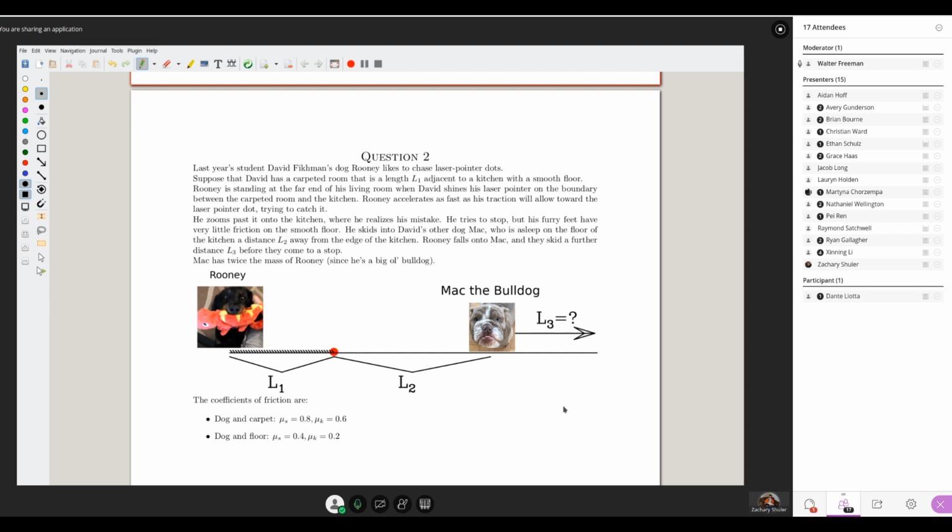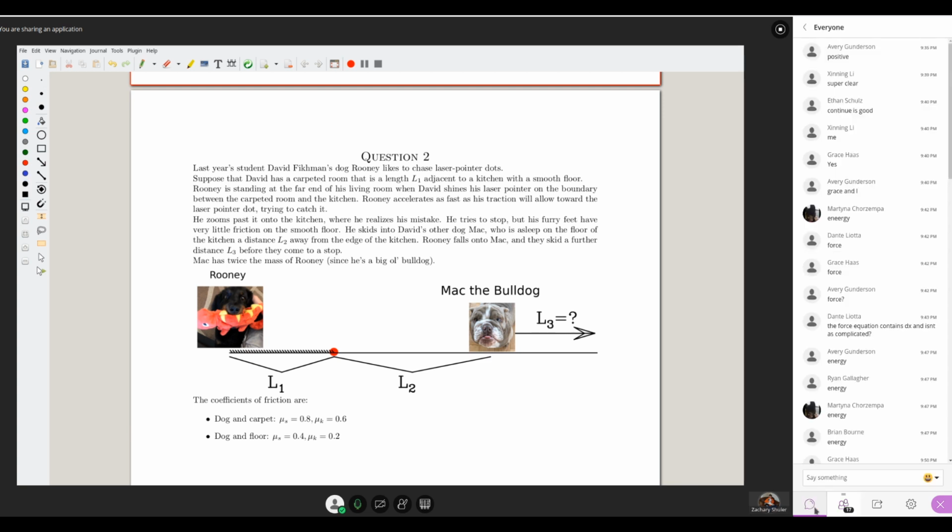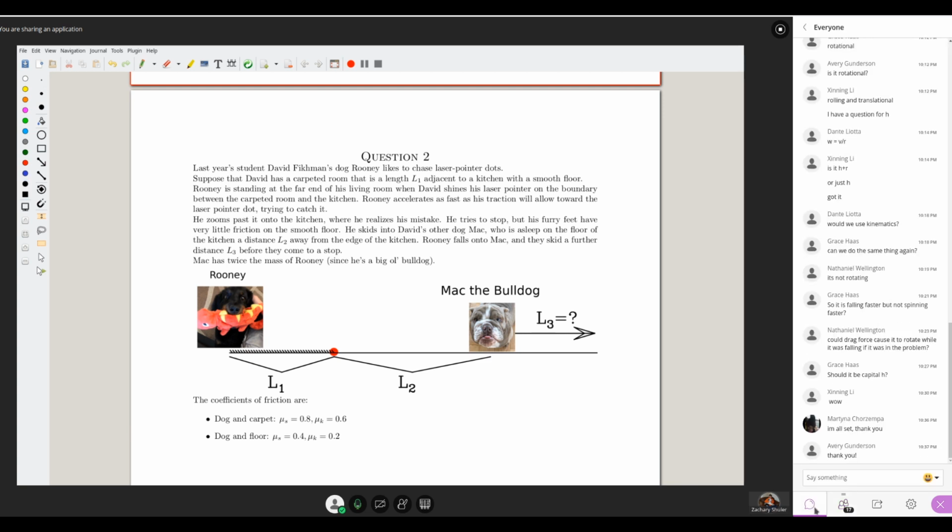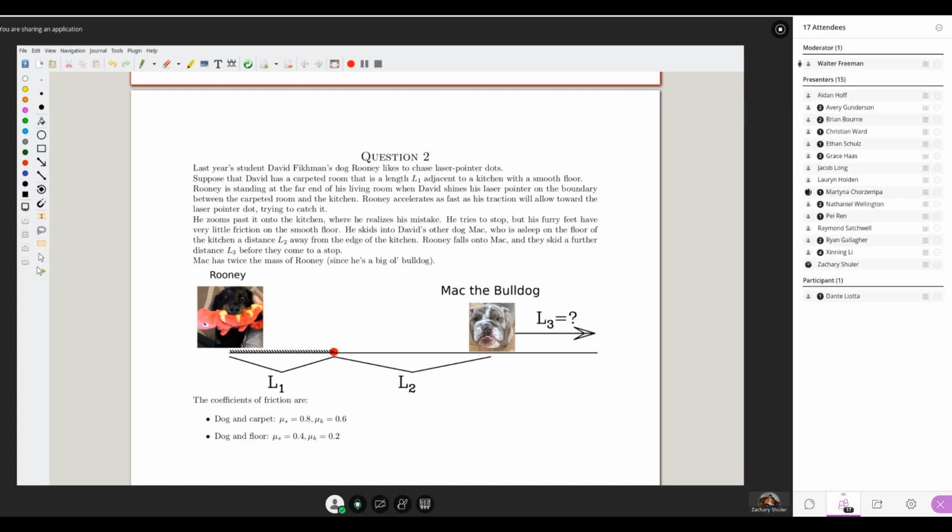Pei, I remember you were some other officer candidate thing, if I'm remembering right. Ryan, I know you've been asking questions all semester about literally everything. Avery and Grace, I know you have been working super hard. I have seen you again and again in my office hours in the physics clinic, asking questions, making comments in class, getting great grades on exams.